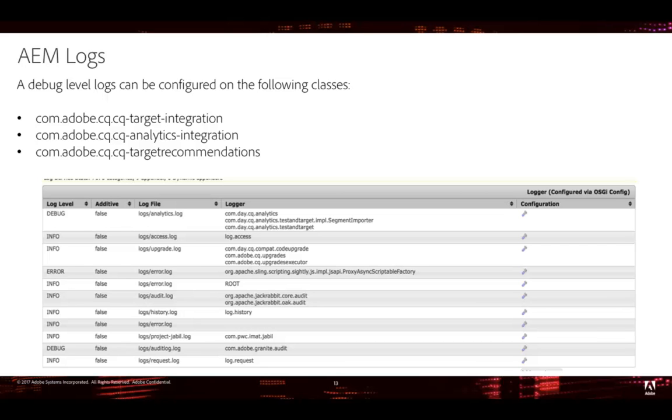You can set up a logger named analytics.log as shown here and specify three particular classes, which would be target integration, analytics integration, and target recommendations. This would get a debug message in your analytics.log on each and every activity happening between AEM and Target, which would help you narrow down the issues. This is very helpful to analyze when synchronizations between AEM and Target do not work fine.